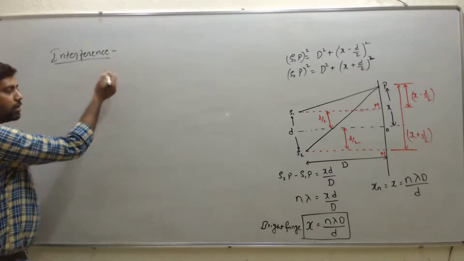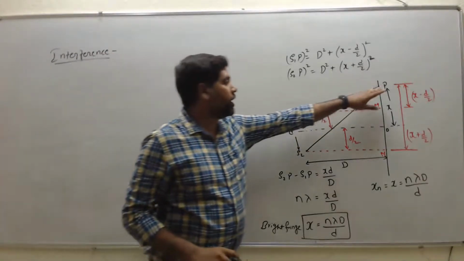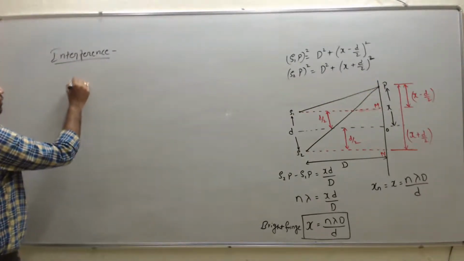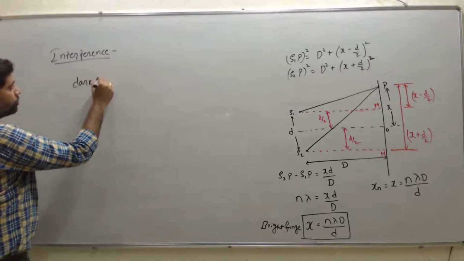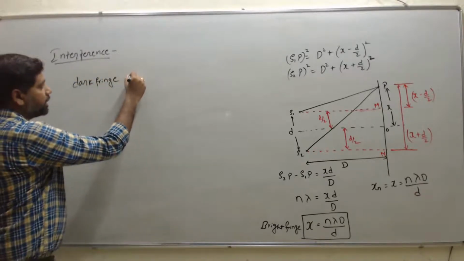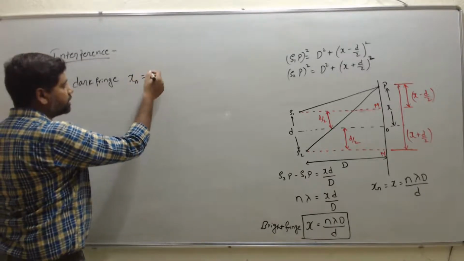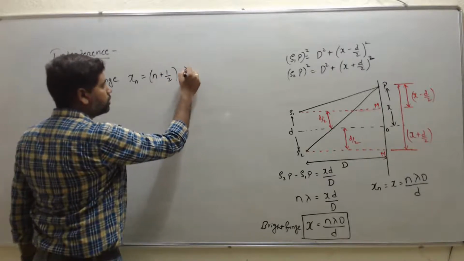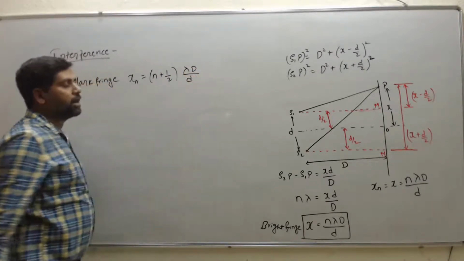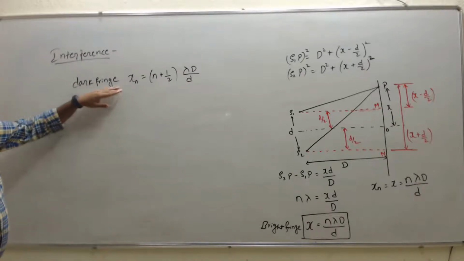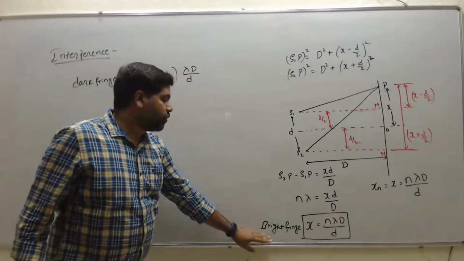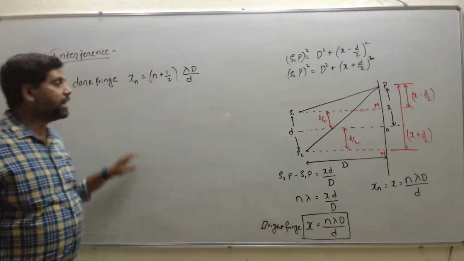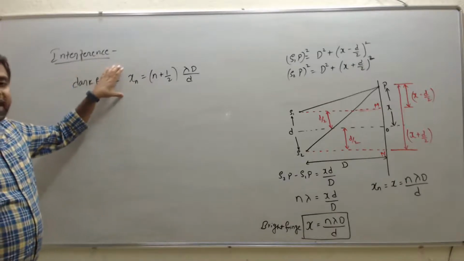So the dark fringe is nearer to the point P. Somewhere here we get the dark fringes, at a position from the center. Then for the dark fringe, xn equals n plus 1 by 2 into the remaining same, lambda D divided by d. So this is for the dark fringe, and here we get the bright fringe. When the intensity is more, that one we call the bright fringe. When intensity is less, that one we call the dark fringe.